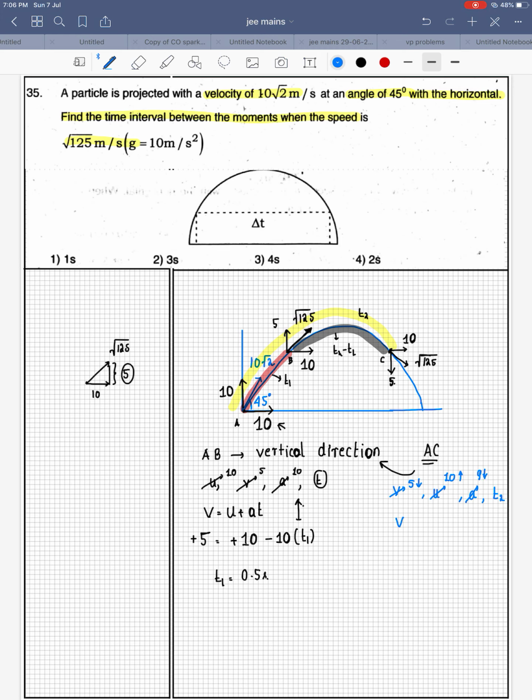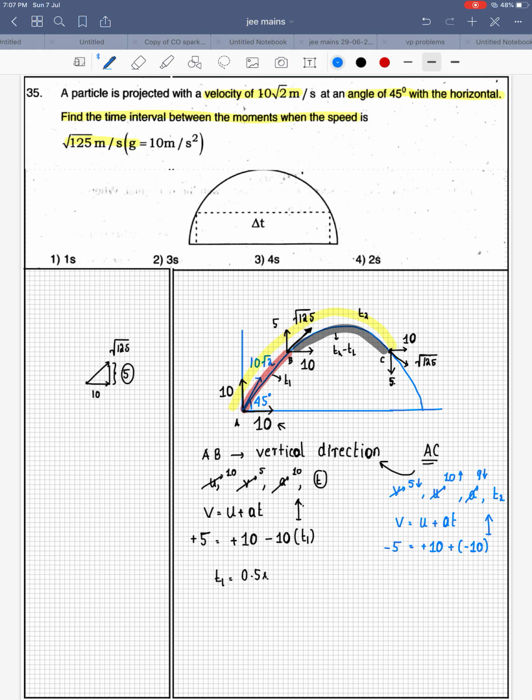The go-to formula is v equals u plus at. Again taking above as positive, v is minus 5 because it is downwards, u is plus 10, and acceleration is minus g.